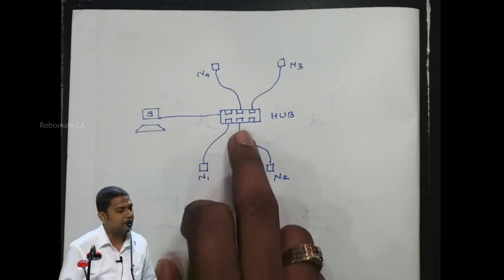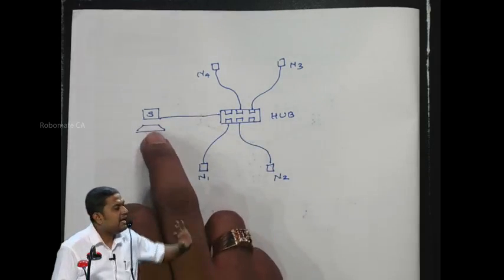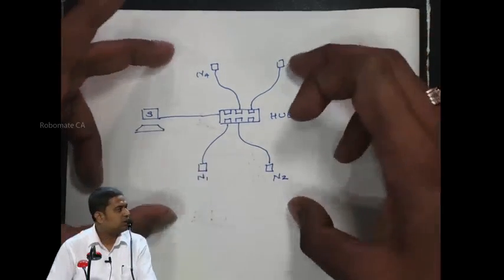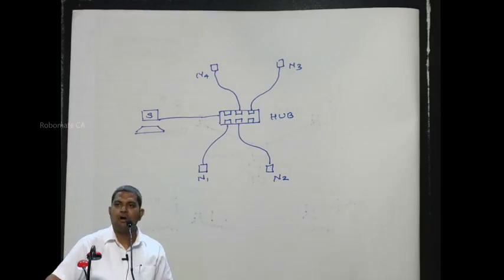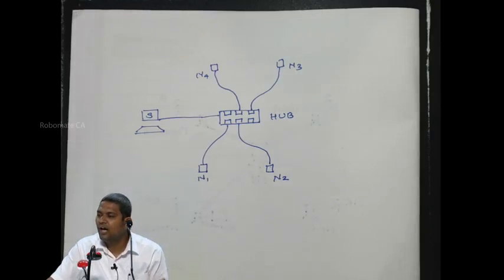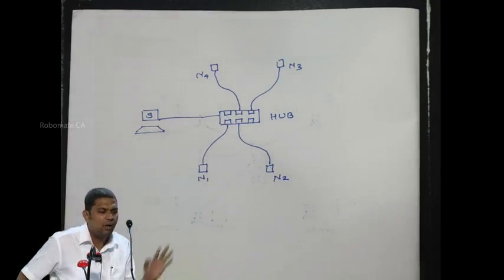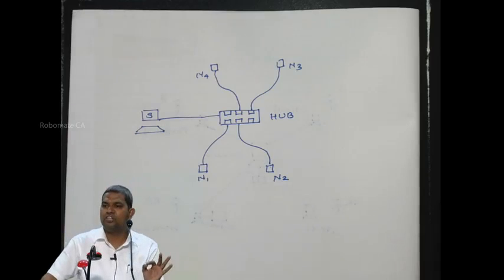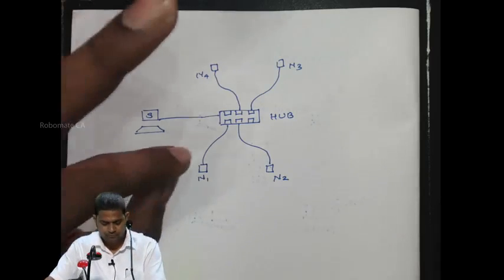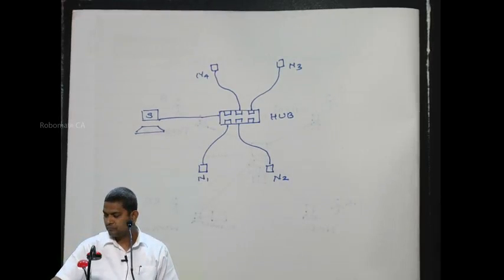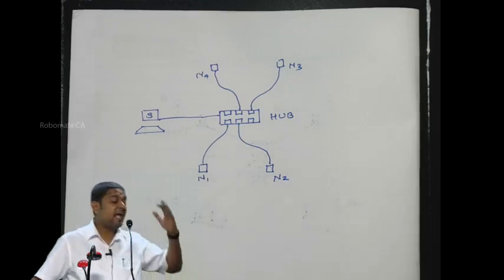So the server can dedicate itself to processing the information, and nodes can dedicate themselves to accepting the data or request from the user and giving the output to the user. So everyone's work is properly cut out over here. Everyone knows what their responsibility is. So this is nothing but what is called your hub. Now there are different types of hub.